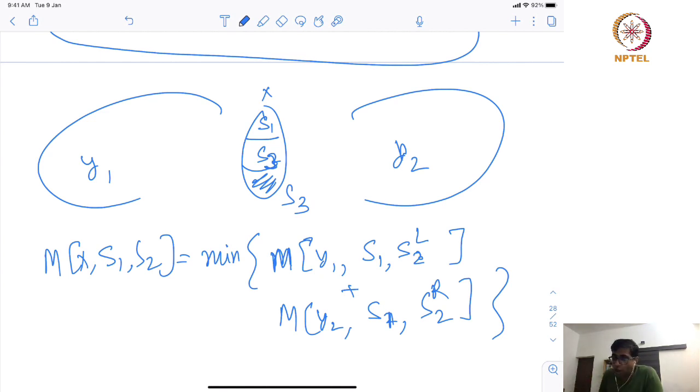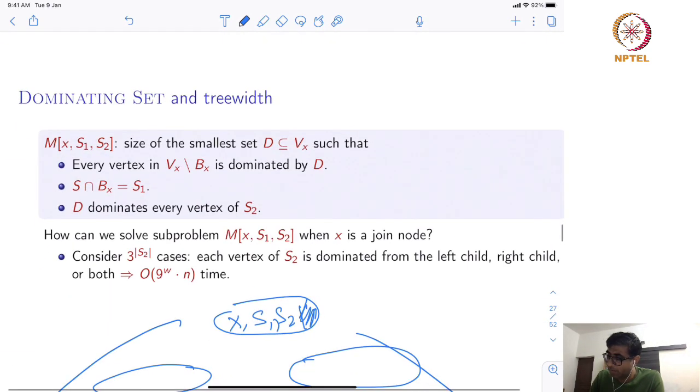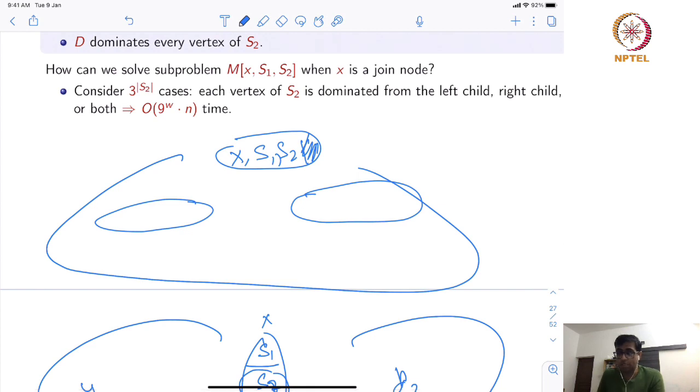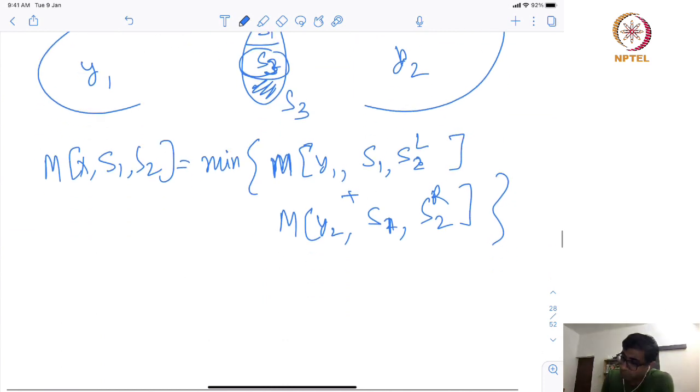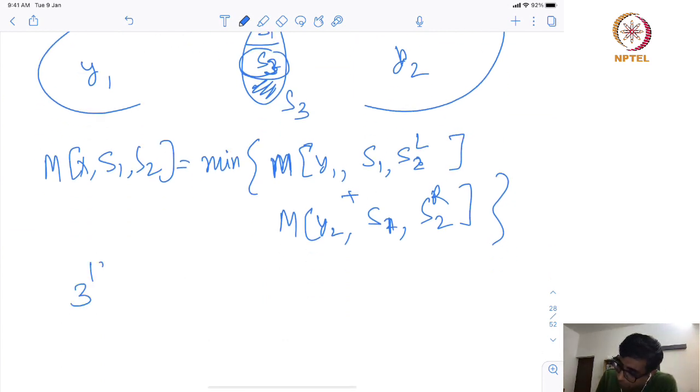So, how many such subproblems will you generate? You will generate as many subproblems as there are partitions, or divisions, of S2. Maybe you can dominate it from the left, or from the right, or from both. That gives you 3 partitions of S2.